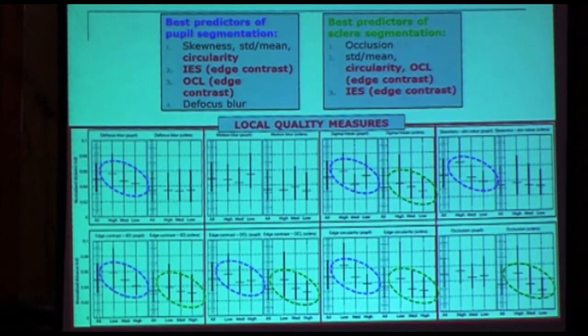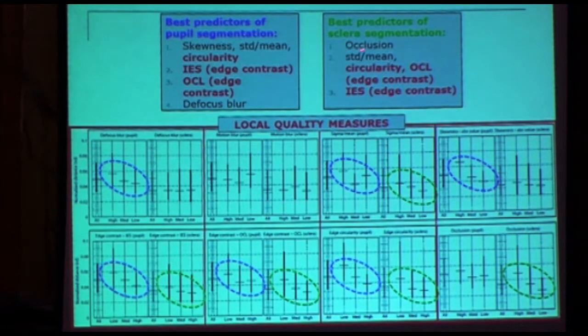Concerning local quality measures only, I have marked in blue the best predictors for pupil segmentation, and in green, the best predictors for sclera segmentation. We have used a circular segmentator, so obviously the measure of circularity is on top. And this is also an iris segmentator based on edge detection, so the 2 measures of edge contrast are also on top.